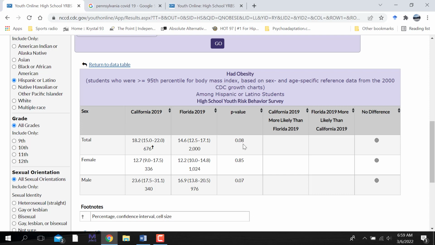A lot of people choose 0.05, could be 0.01, could be 0.10. With this sample size here, I'd say 0.05 is fine. You can go even 0.01, but this one and this one are closer. This one is 0.85. This is saying that the probability of this observed difference, if the null hypothesis is true, the null hypothesis being that there's no difference between the two, in statistical language, is really, really high.